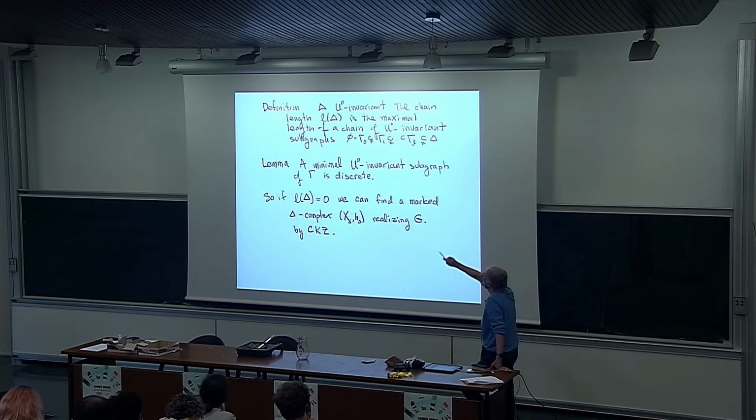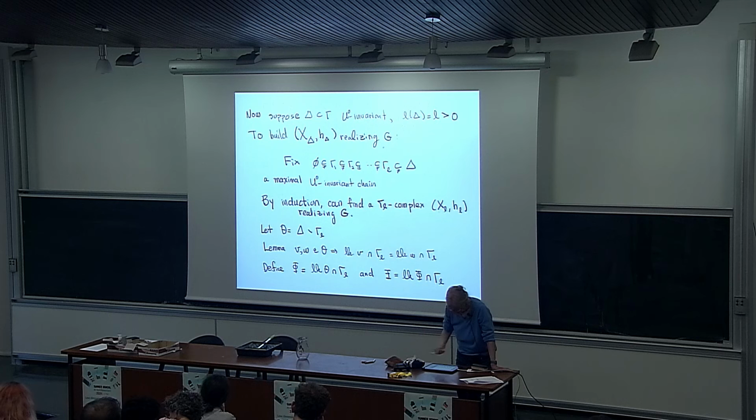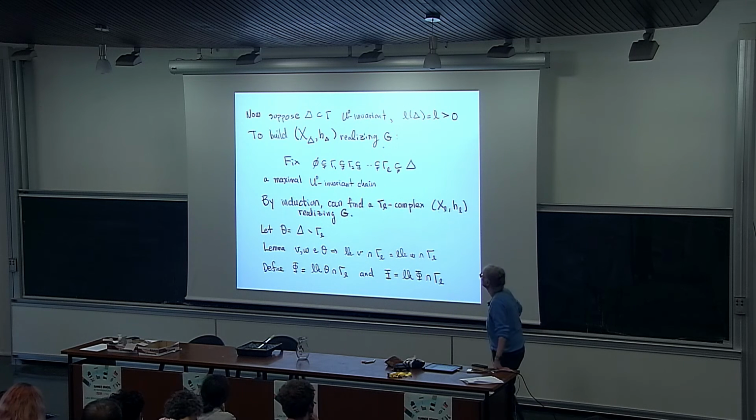So if the length of that chain is 0, we're done by Collins, Kramtsov, Zimmerman. And in any case, we can always realize the first subgraph in the chain. So now you have to worry about realizing the next one.